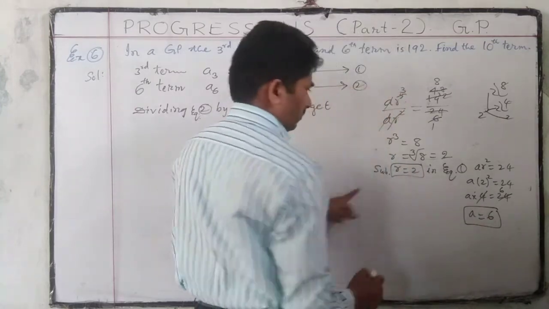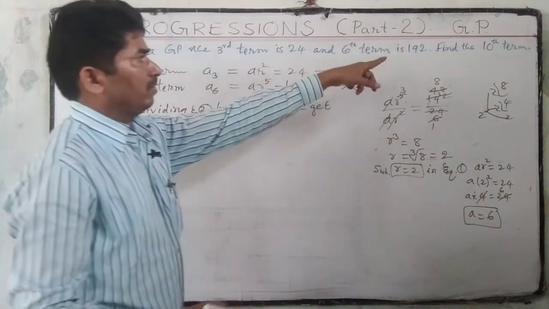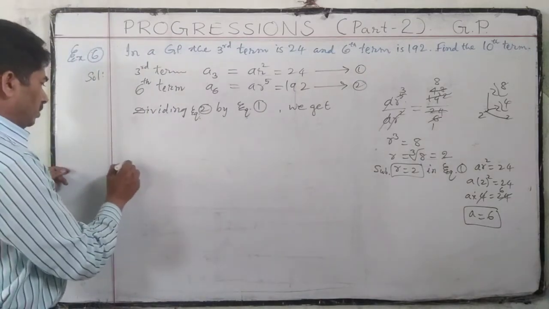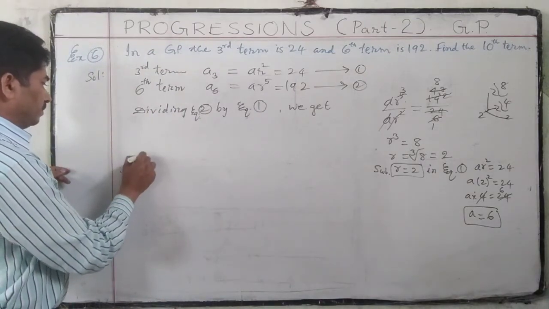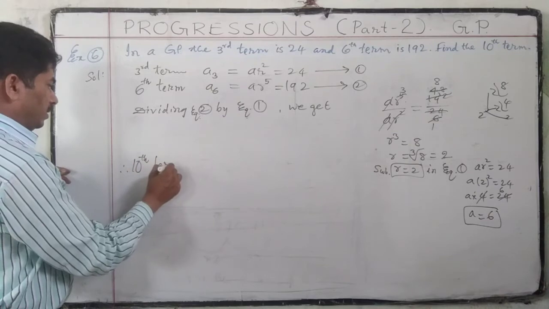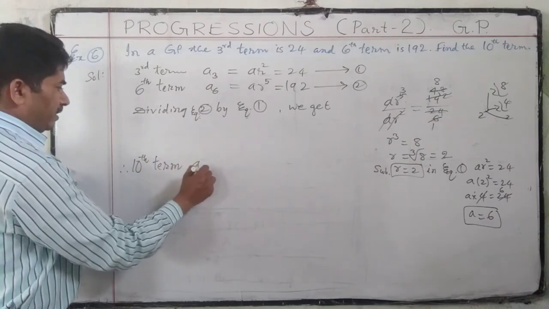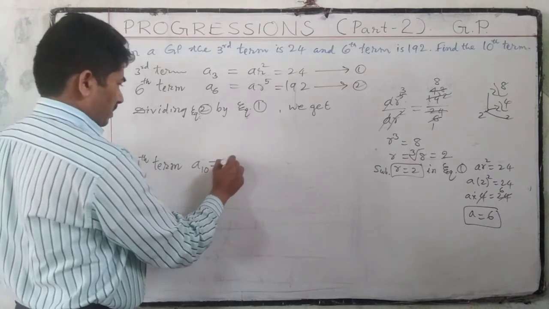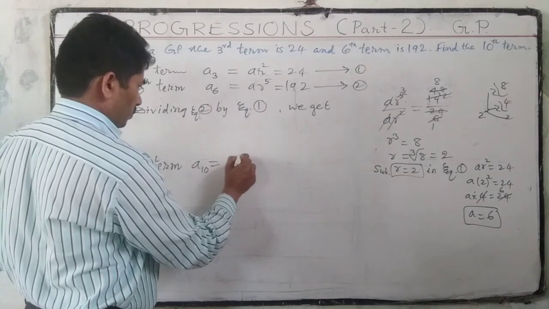So based on these values we can find the 10th term. Therefore 10th term A10 is equal to AR to the power of 9.